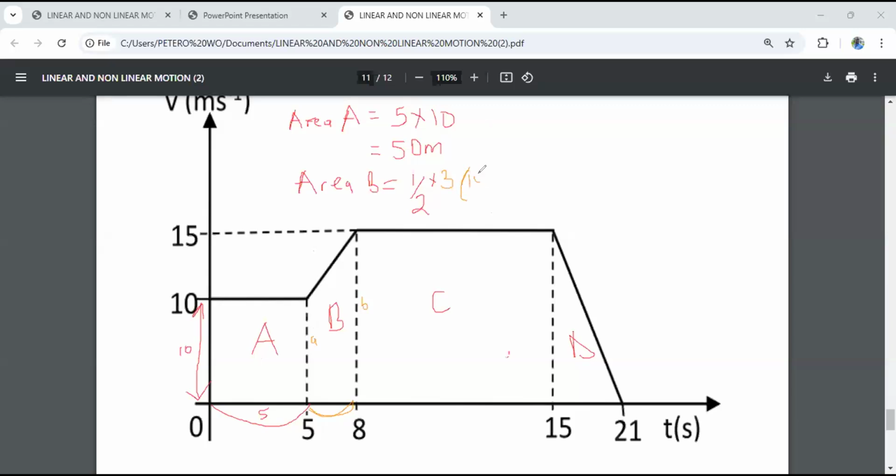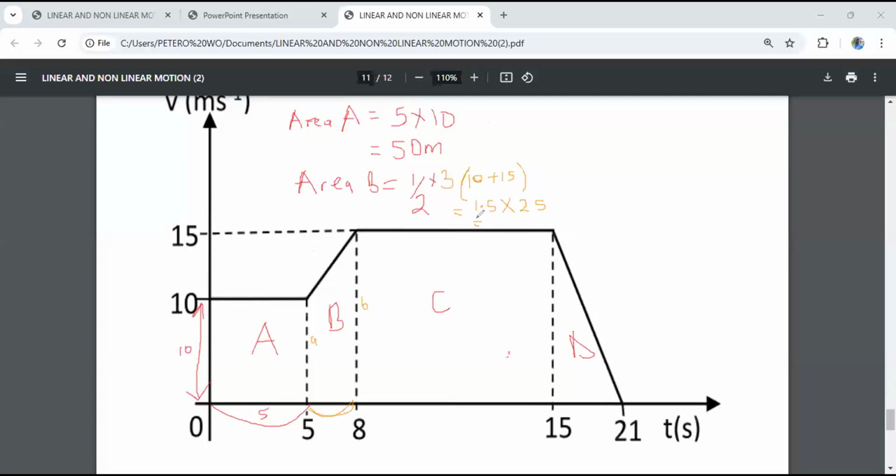So we have a half of 3, which is 1.5, times 10 plus 15, which is 25.